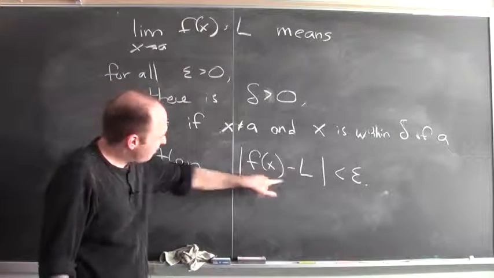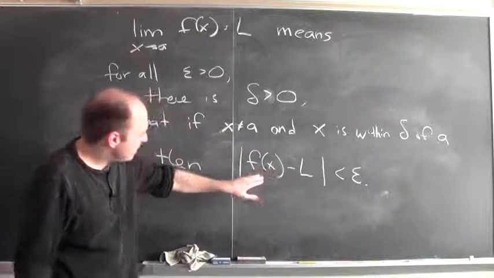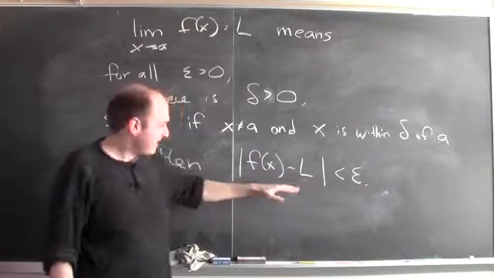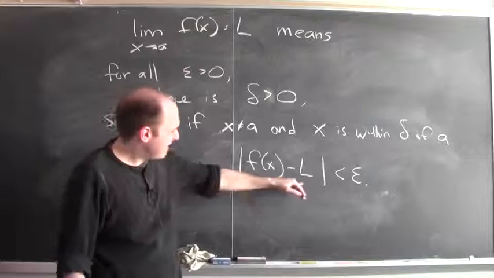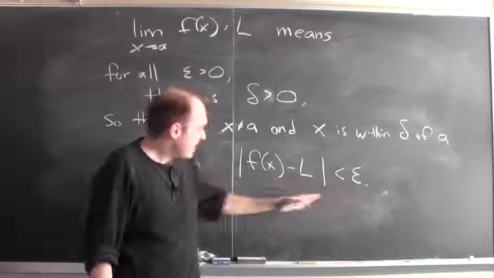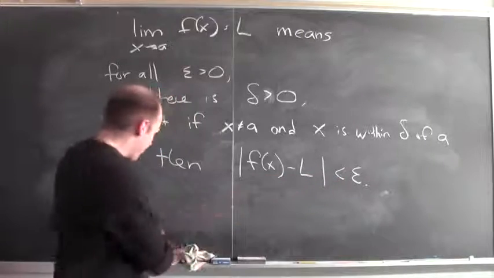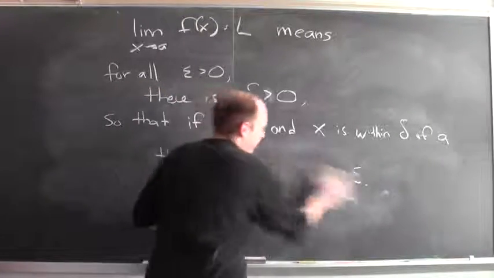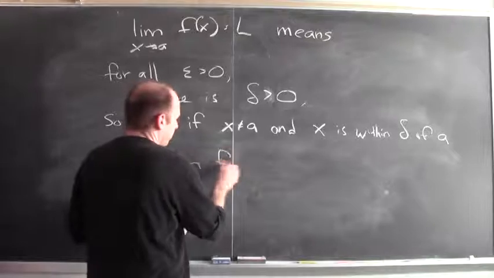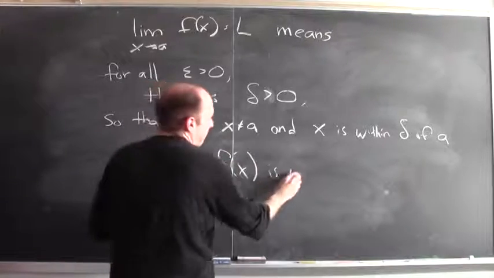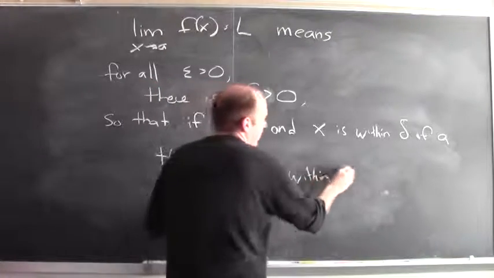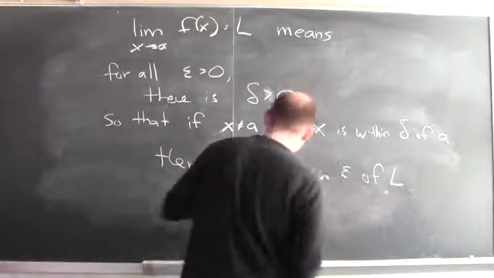The absolute value of f of x minus L, that's the distance between f of x and L. And to say that the distance between f of x and L is less than epsilon, well, that just means that f of x is within epsilon of L. So I'll rewrite that as that. Here we go. Then f of x is within epsilon of L.